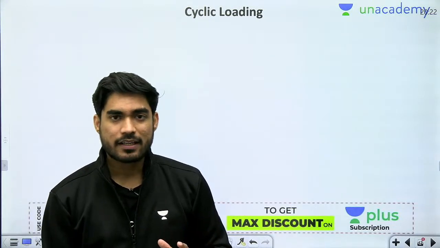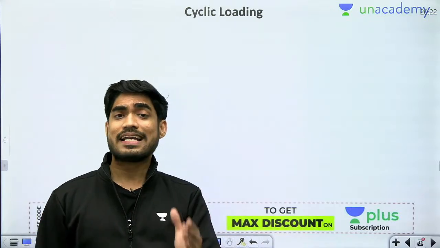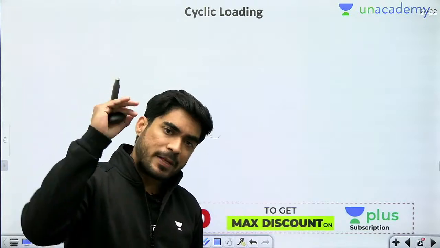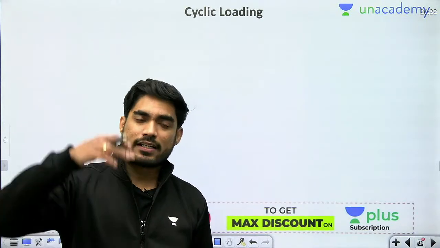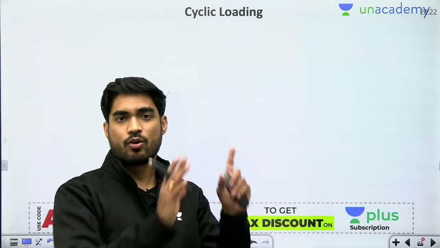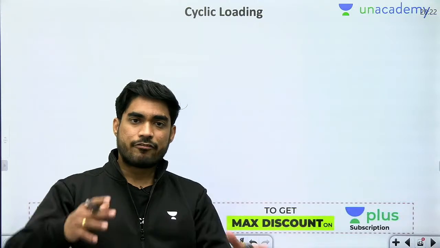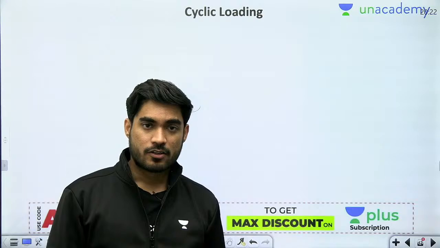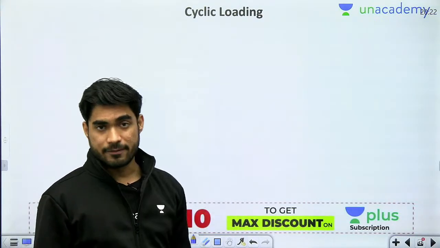It means that the load is not constant for entire life. For different periods of time, different loads are acting. Let's say for 20% time one load is acting, for 30% time another, and for the rest 50% time another. This type of loading is known as cyclic loading.